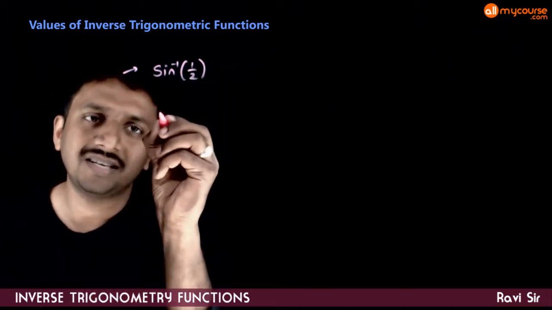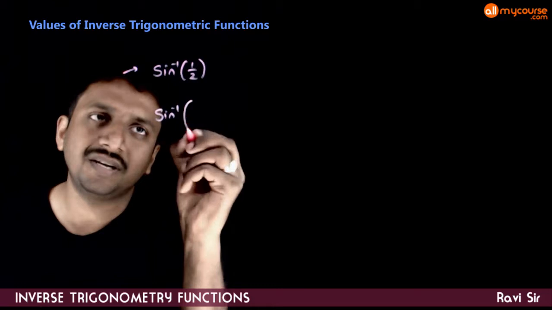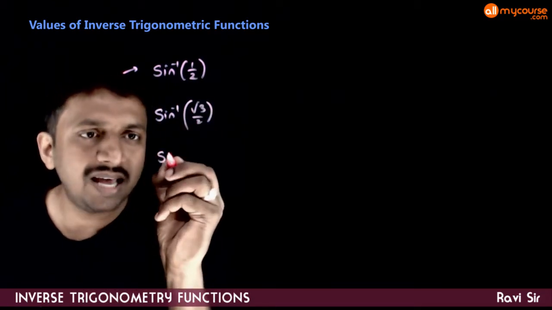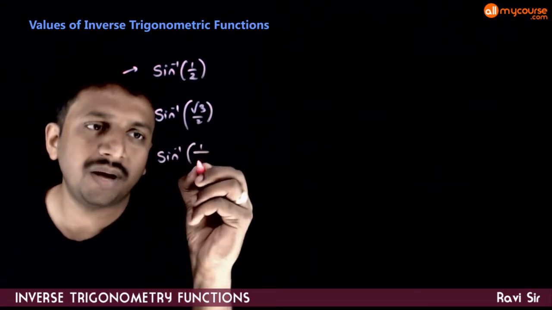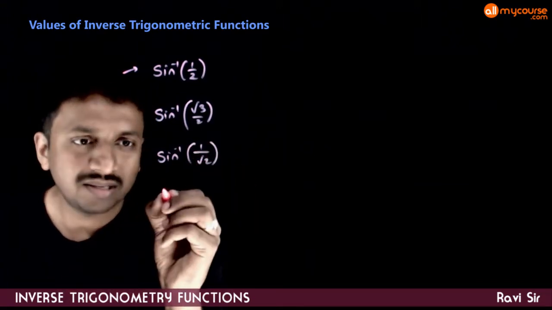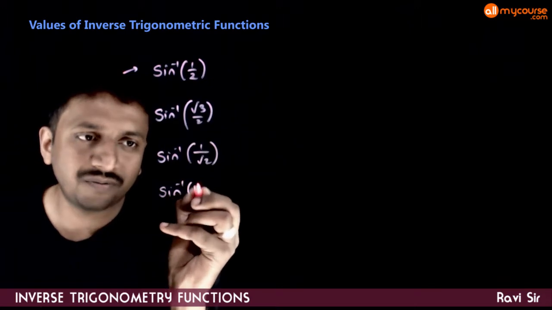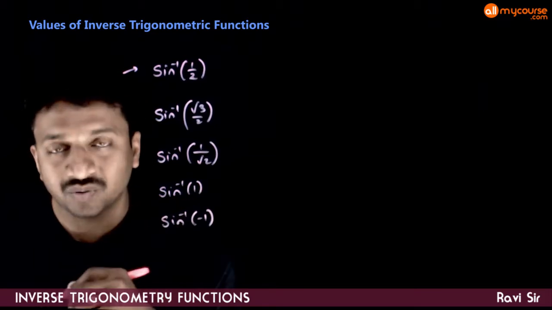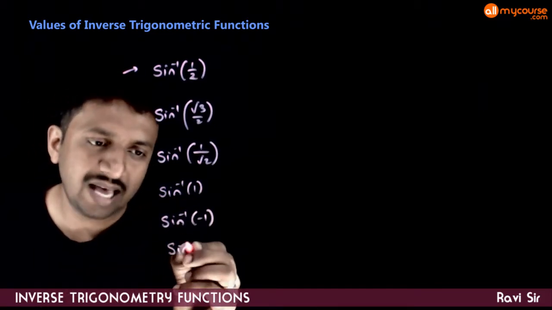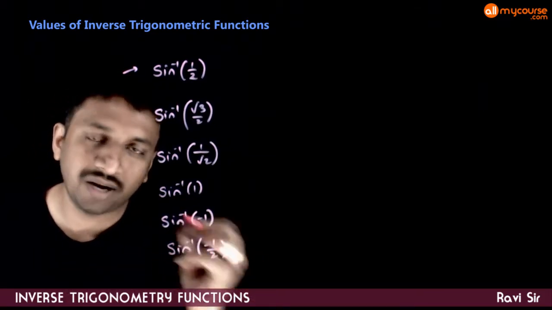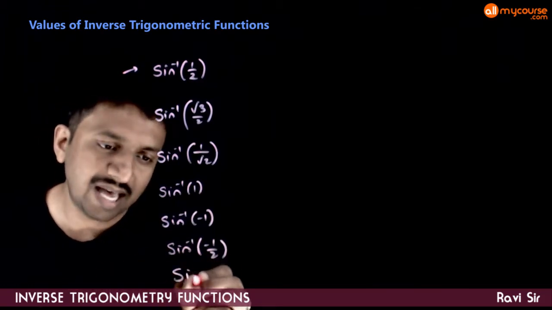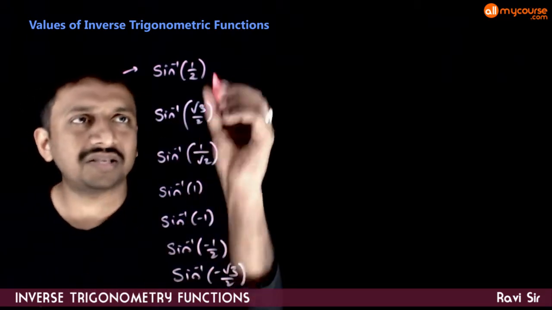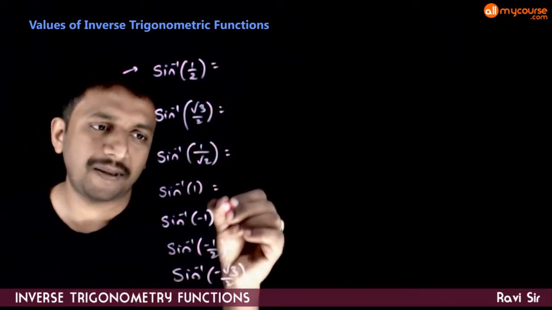Let us take certain examples: sine inverse of root 3 by 2, sine inverse of 1 by root 2, sine inverse of 1, sine inverse of minus 1, sine inverse of minus 1 by 2, sine inverse of minus root 3 by 2. So on, let us try to find these values.